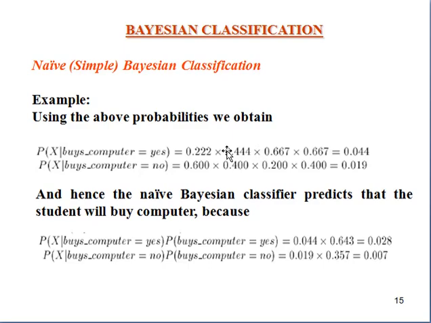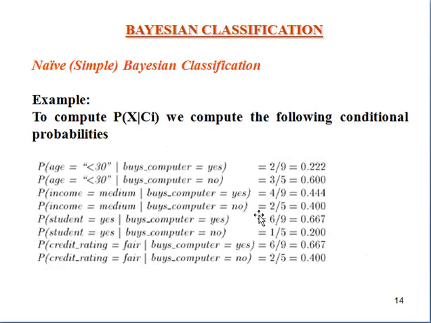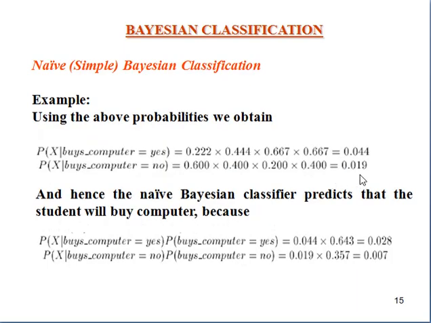Similarly, in the same fashion, we can also calculate the probability of this unknown sample for the class that he will not buy a computer. You can multiply all those probabilities which we have calculated, and you will see that it comes out to be 0.019.